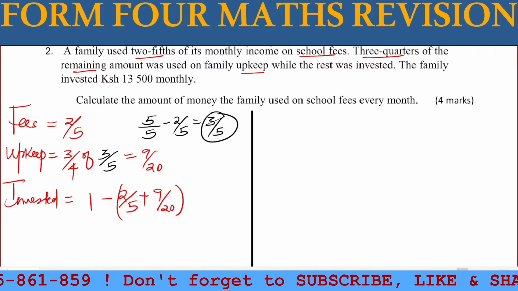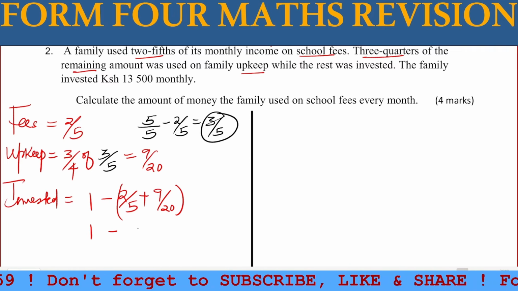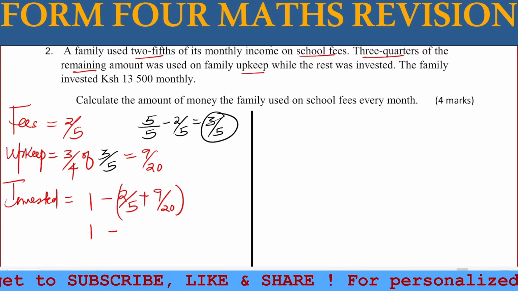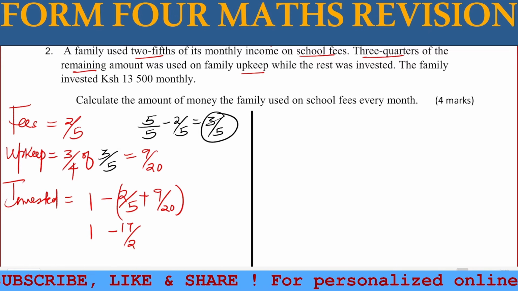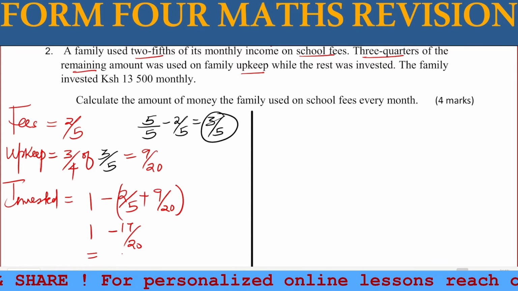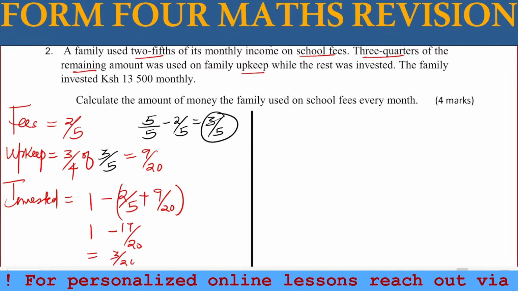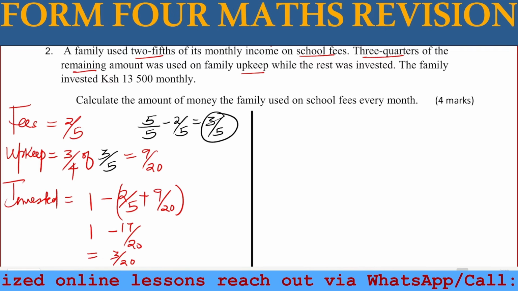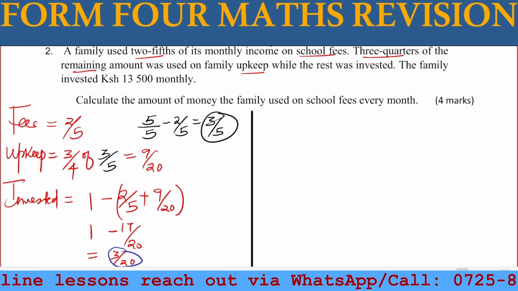This will give 1 subtract 2 over 5 plus 9 over 20. This will give 17 over 20, and when you work it out, this will give 3 divided by 20. Therefore, for the investment, it was 3 over 20.